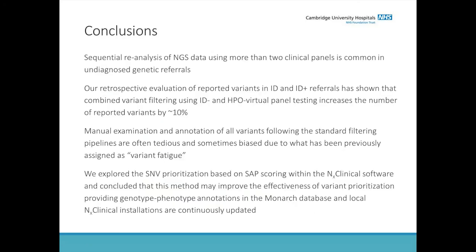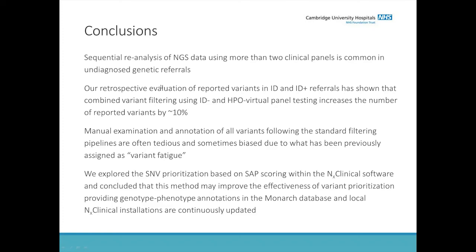So what have I learned from this service evaluation? Well, I learned that a lot of the referrals included in the service evaluation had a lot of reanalysis, and by a lot I mean 2 or more reanalyses performed. So there were 2 or more reports issued for these probands because different types of panels had been requested on the same referrals.